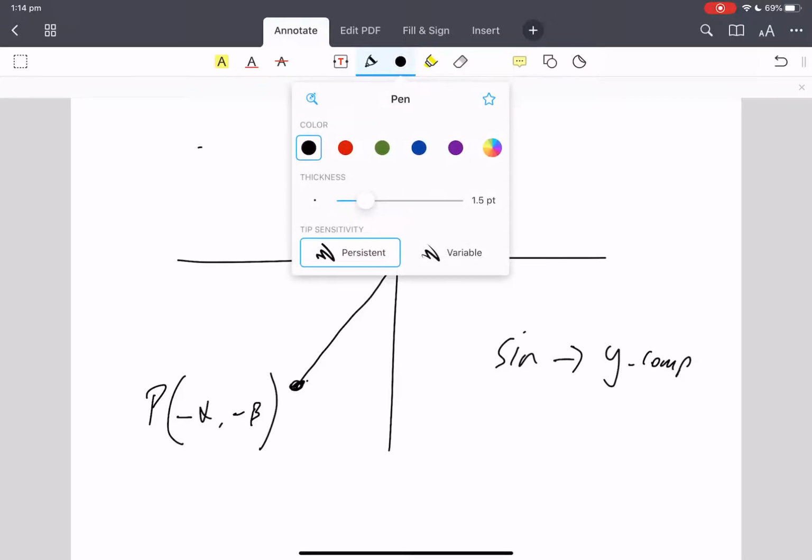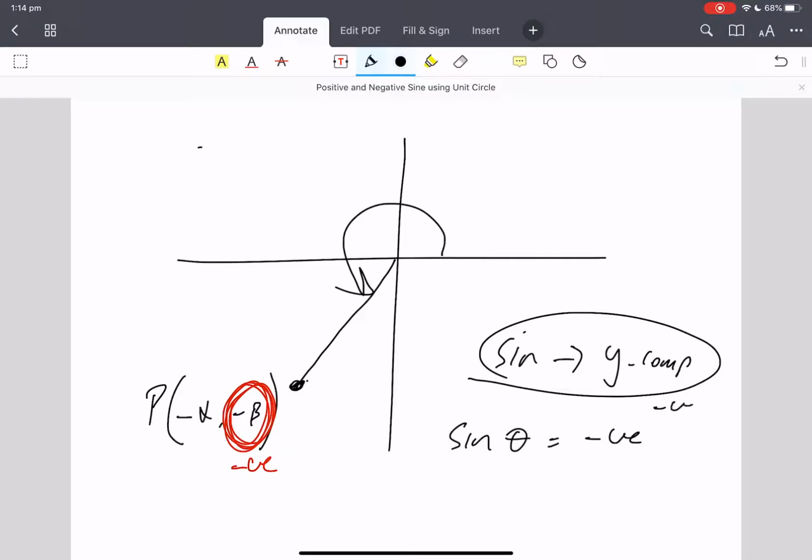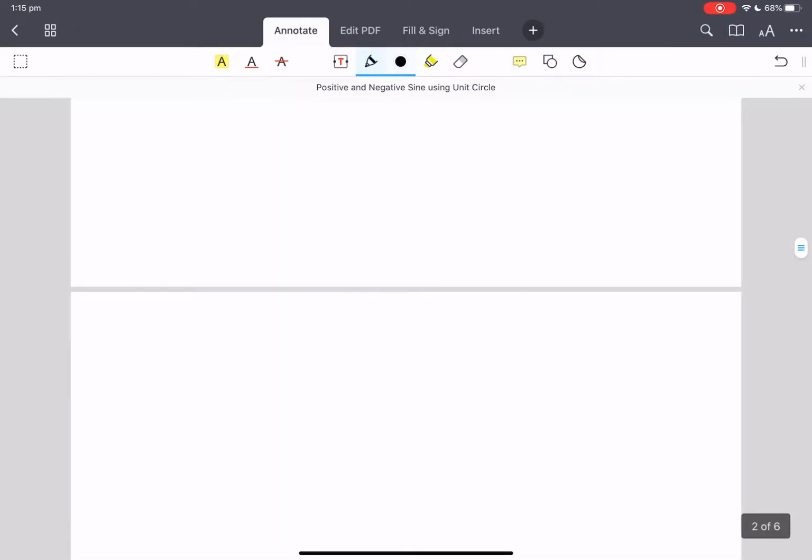What's the y component in quadrant 3? The y component is negative. So whatever that angle is, the sine of that angle will be negative because the y component is negative. Sine is negative in quadrant 3 because this y component is negative.